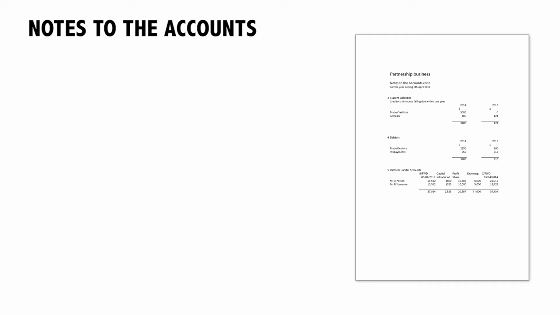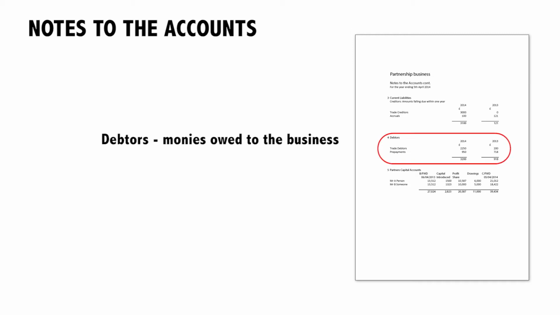Continuing the notes to the accounts, the following explanations are relevant only if you have supplied the information for the business. Debtors shows the breakdown of monies owed to the business, for example from customers. Check this is in line with what you expected. Prepayments are where money has been paid in advance, such as when rent is paid quarterly in advance.